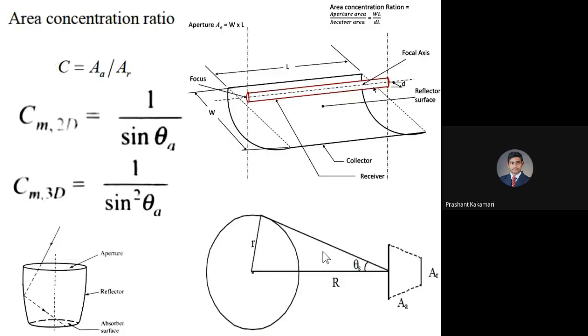Similarly, here I have taken an example to explain how to consider the area of the cylindrical parabolic collector. This is the width, and this is the total length of the collector. If I consider this cross section area, W into L, that becomes the aperture area. Simple. Aperture area is W into L.